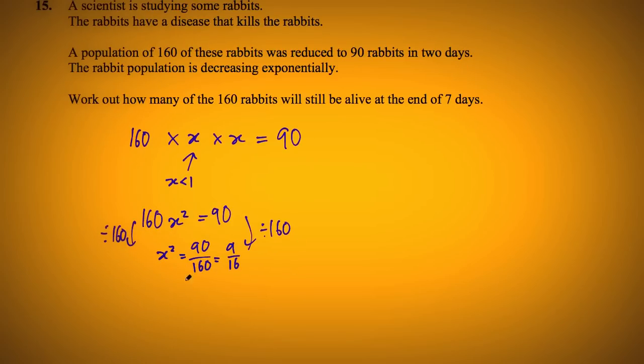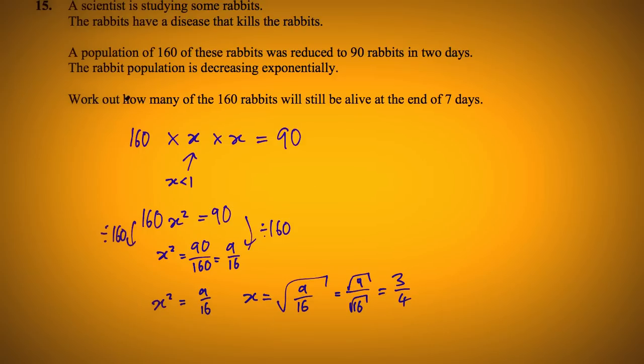So if x squared is 9 over 16, that tells me that x equals the square root of 9 over 16, which is root 9 over root 16 using laws of surds, which is 3/4. That would happen if you did that on your calculator as well. So x equals 3/4.